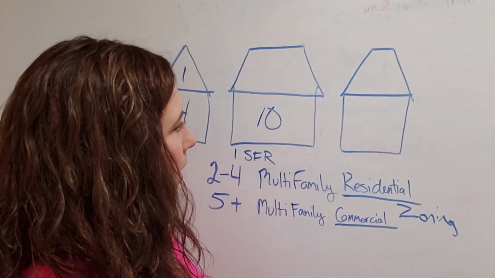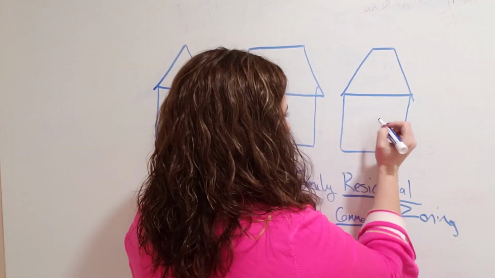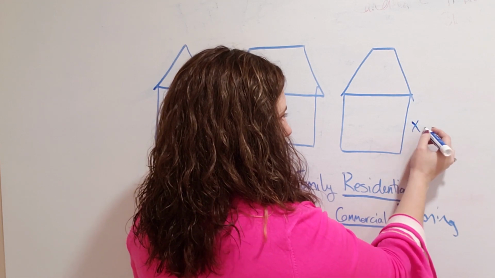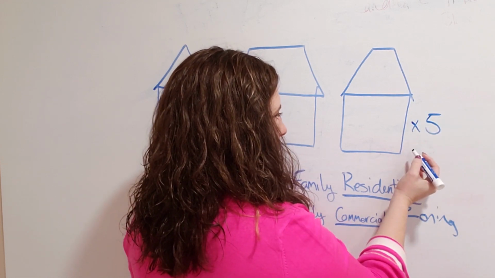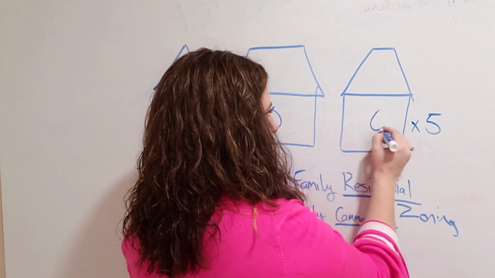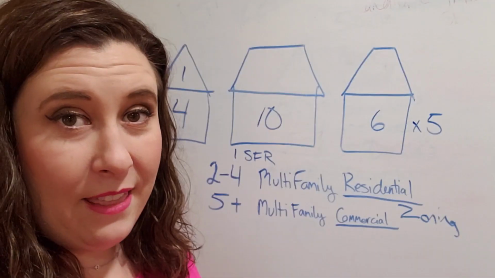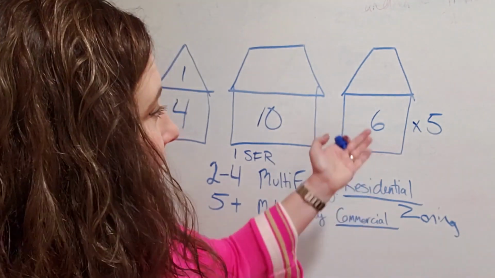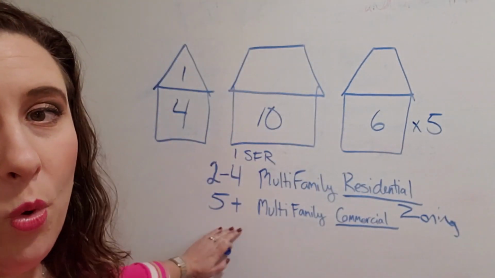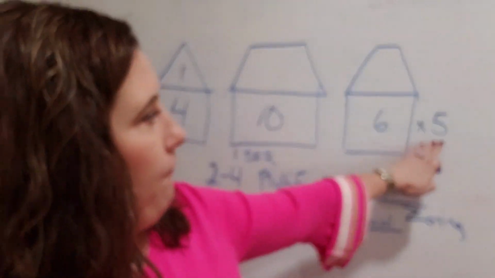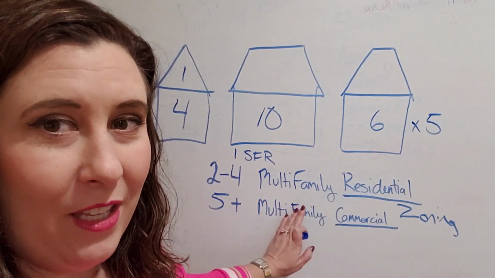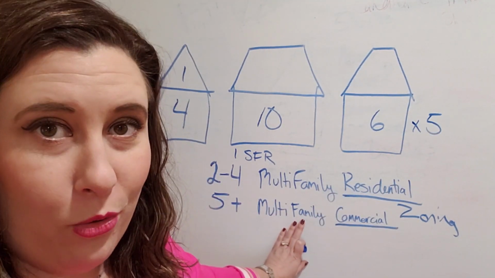If you came across this property and there were 5 of these buildings, and they each had 6 units, and that can totally happen, that's a 6-unit building, which makes it commercial because it's more than 5, and there are 5 buildings on the same parcel. It is definitely multifamily commercial.